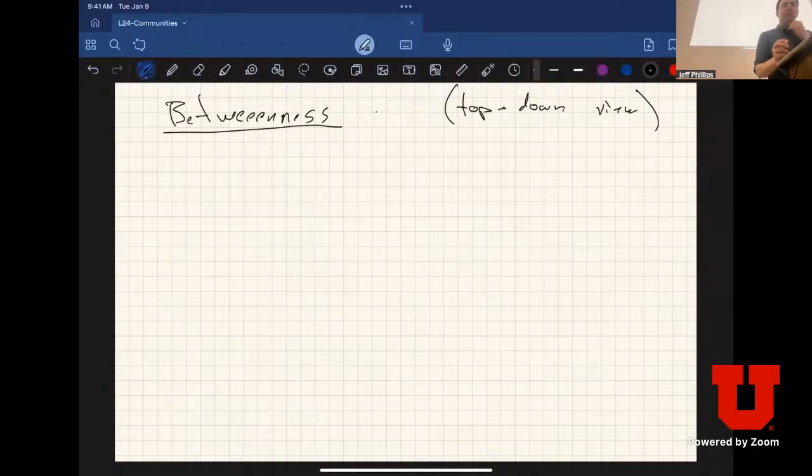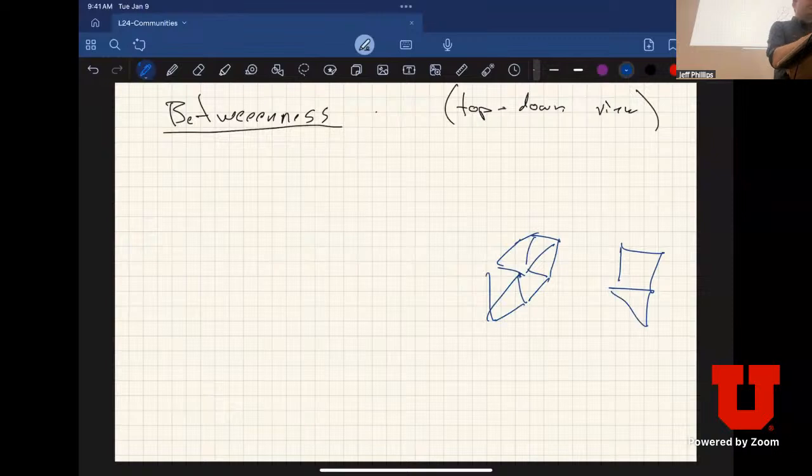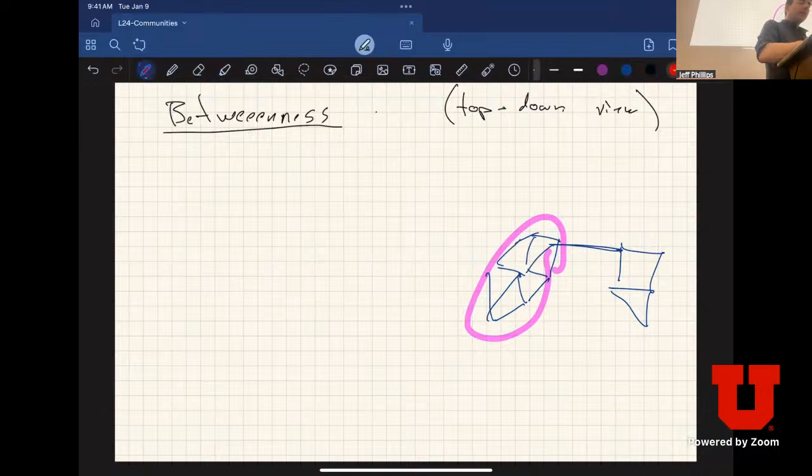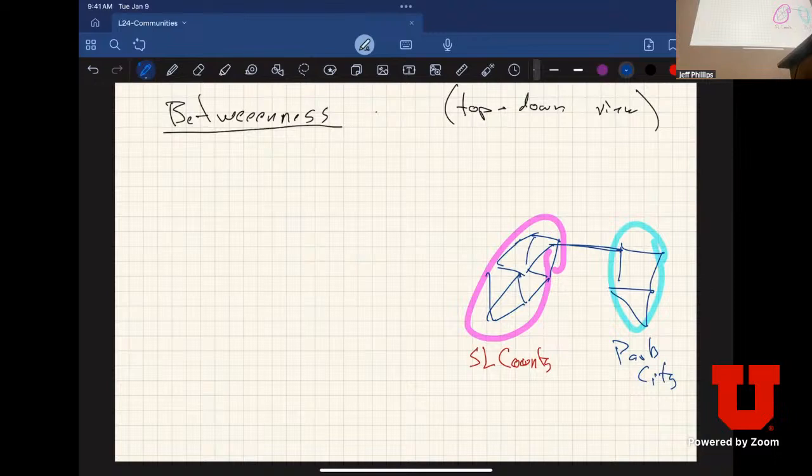The idea is we have a graph that's going to look something like this, and we can think of this conceptually as being, say, Salt Lake County, and this region up here being like Park City, right? And then you have an edge here.